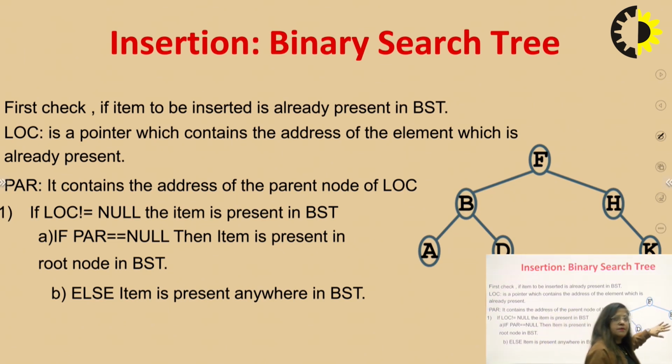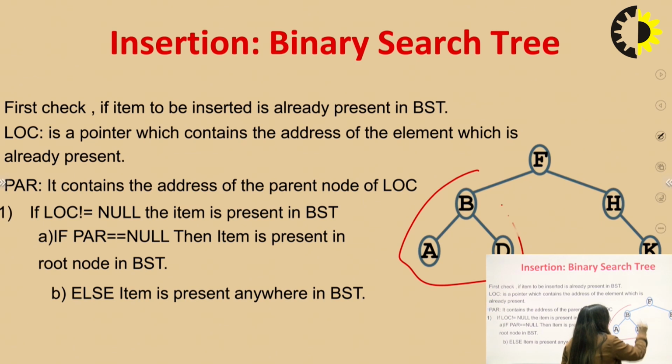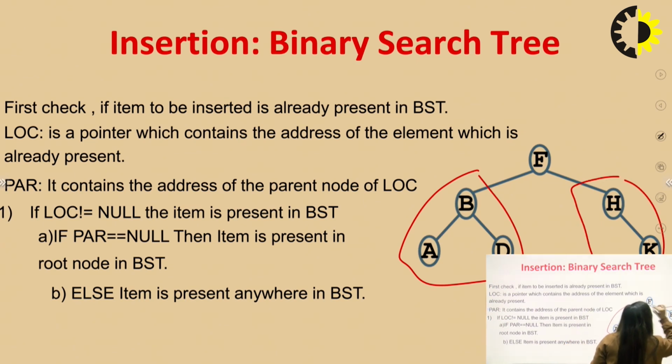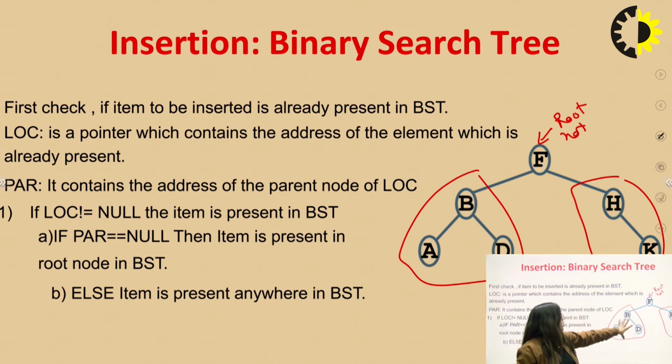It is called a BST because all these letters are used on a priority basis. These are all called the left subtree, this is the right subtree, and this is your root node. All values of the left subtree come before F and all values on the right side come after F. So this is made on a priority basis.